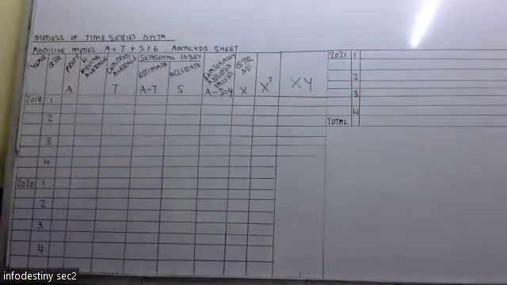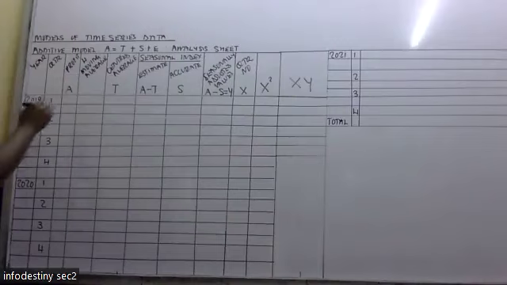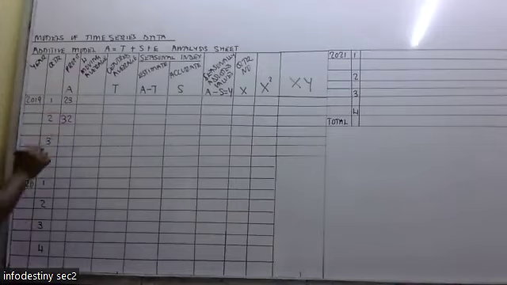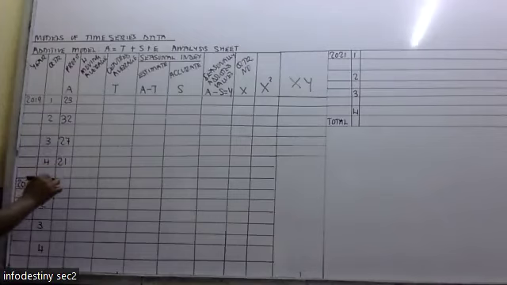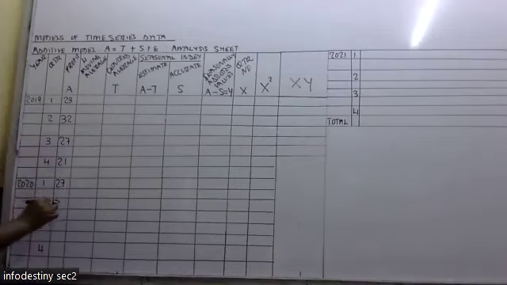Okay. Now, let me read the values that are there. The profits, Q1 of 2019, 23, so you record it there. Followed by 32, 27, 21, 27, 35, 32, 24.